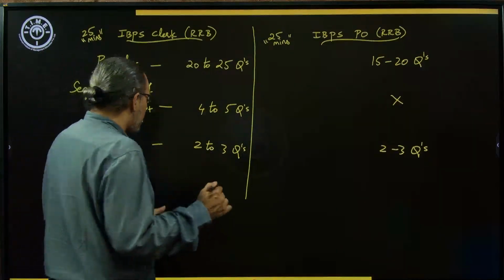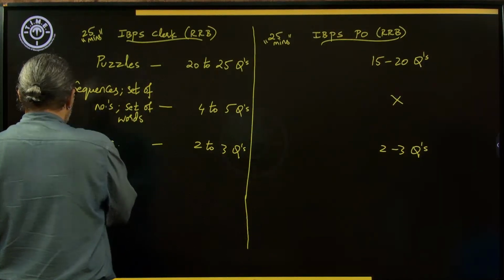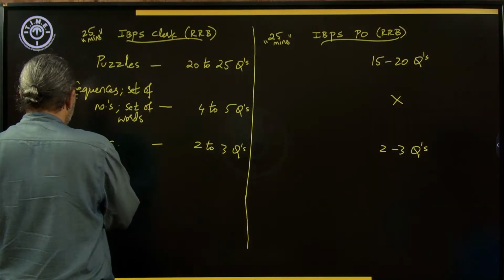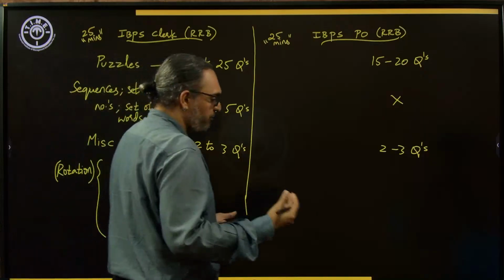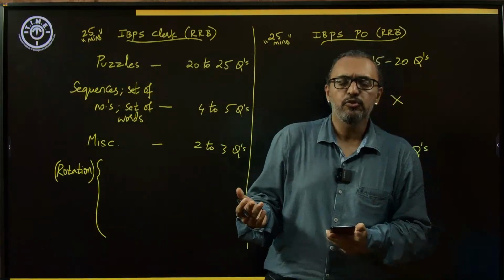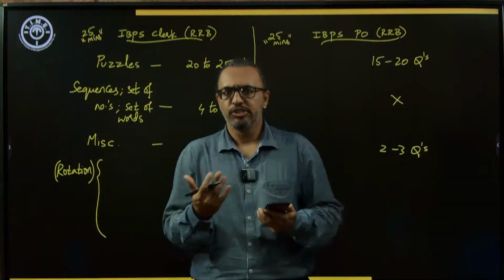Then there are some topics which we call as rotation topics. Rotation topics basically means he will not give all of these topics every time, but he will give you some of the topics, combination of topics in slots. He will change those.